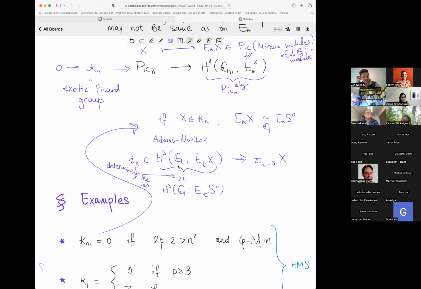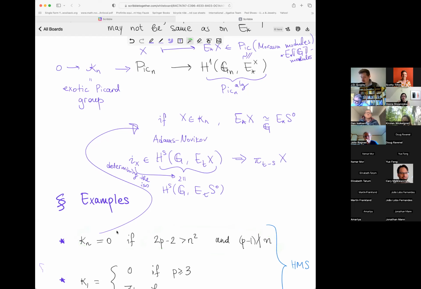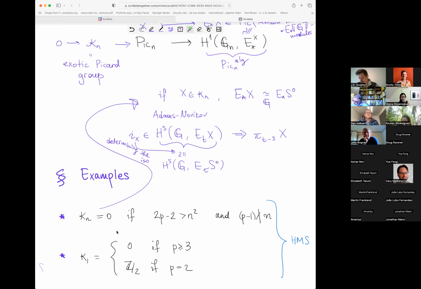And the situation here is that if 2p minus 2 is greater than n squared, and if p minus 1 does not divide n, then that puts us in a neat position: the sparsity of the Adams-Novikov spectral sequence plus the vanishing line on the E2 page.